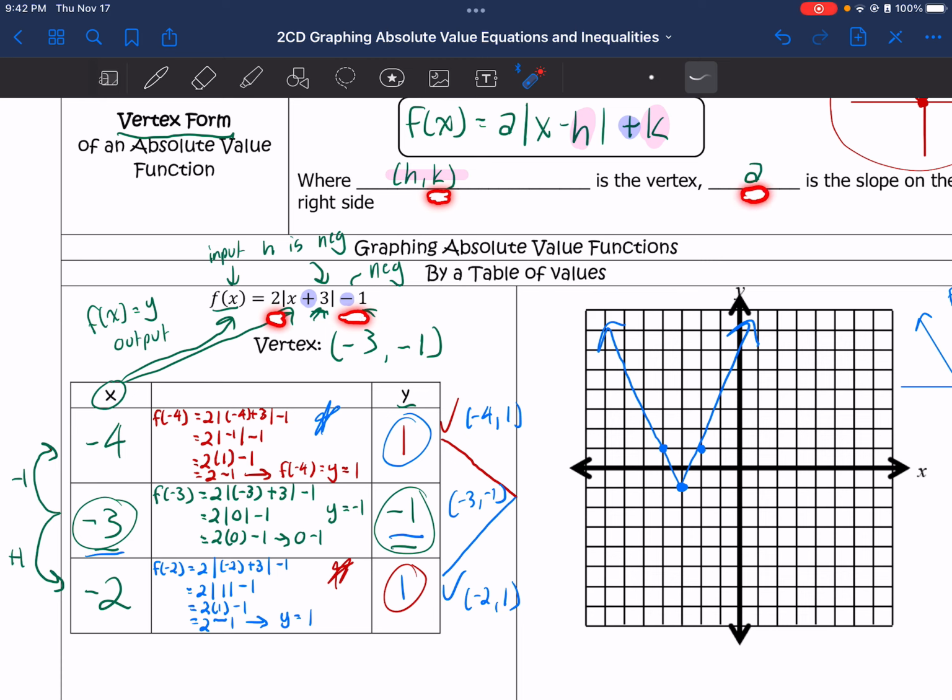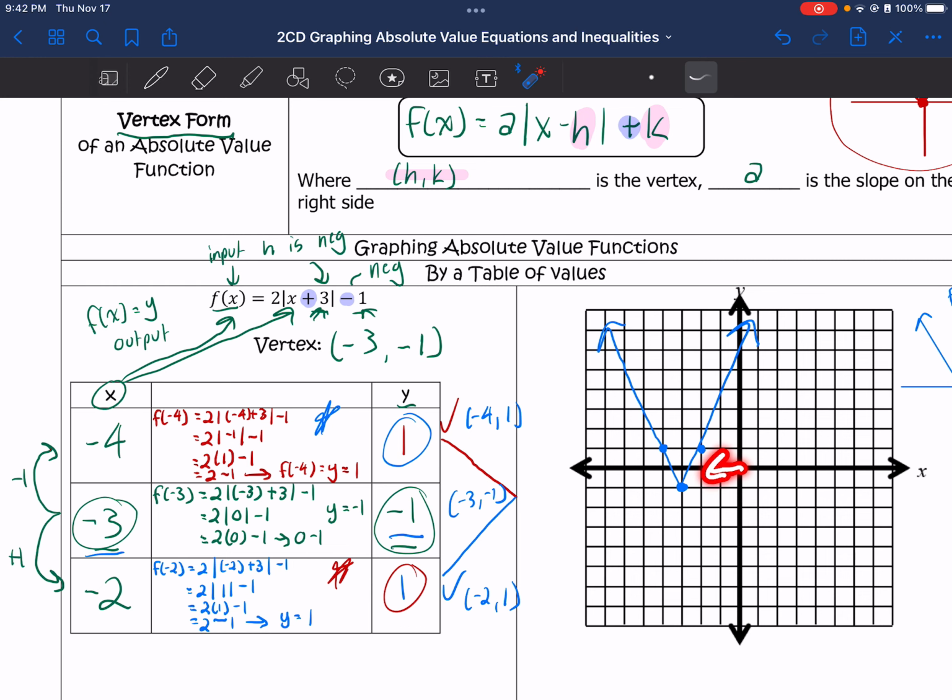These affect how our graph looks and how our graph transforms. If y'all remember back in geometry, transformations of graphs, our slope and our y-intercept and our horizontal shift, our vertical shift, will affect how our graph looks.